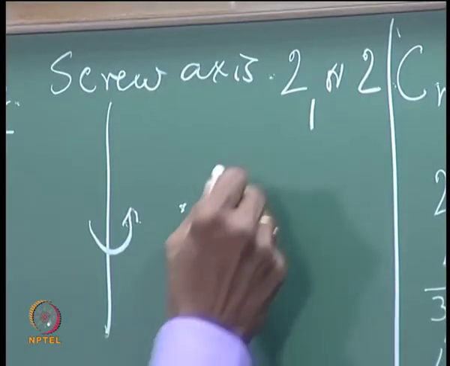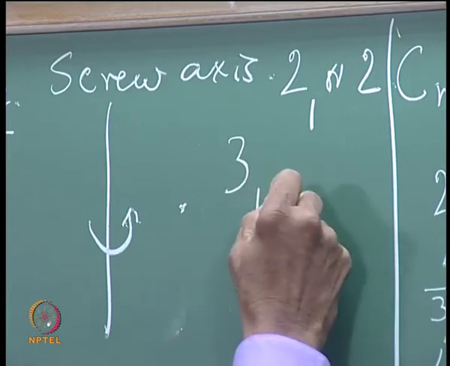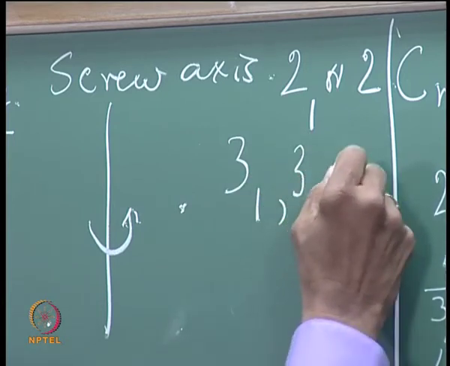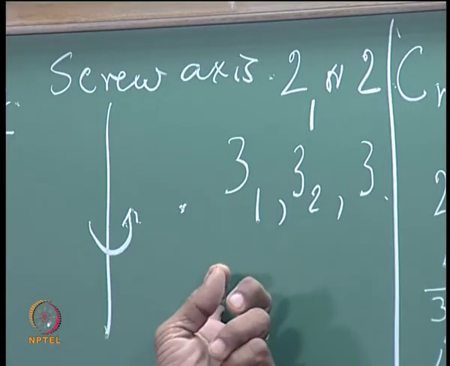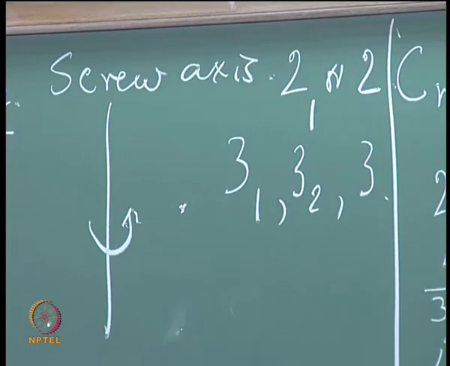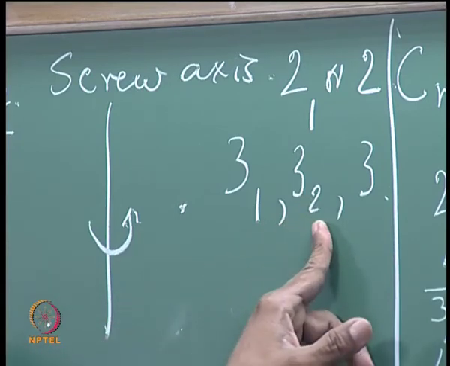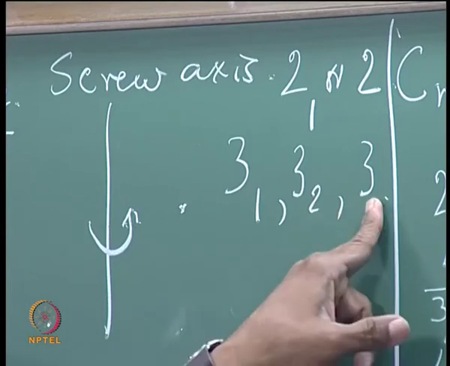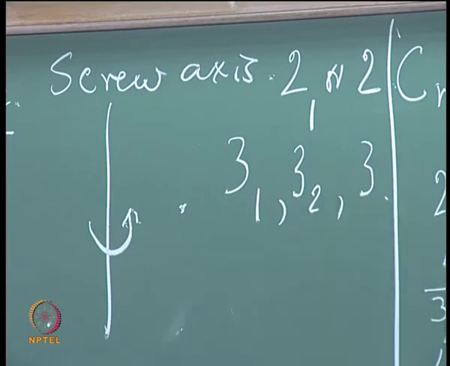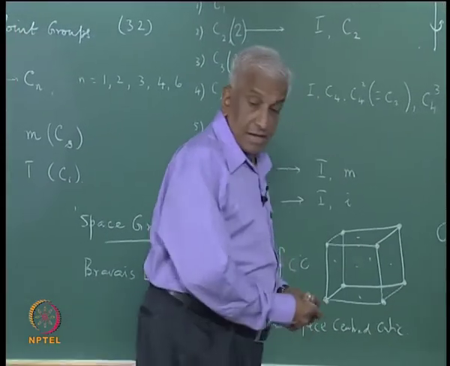Whereas, in the case of a three-fold axis, you can have 3-1 or 3-2 or 3. 3-1 means a three-fold axis of rotation followed by a translation parallel to the three-fold axis by 1/3 the lattice periodicity, whereas this one gives you a translation parallel to the axis by 2/3 of the periodicity. This is a pure rotation axis, and so on. So, you can have different screw axes like this.